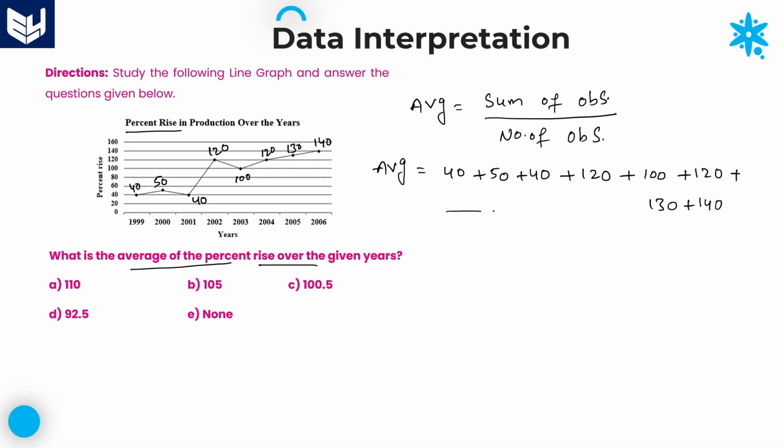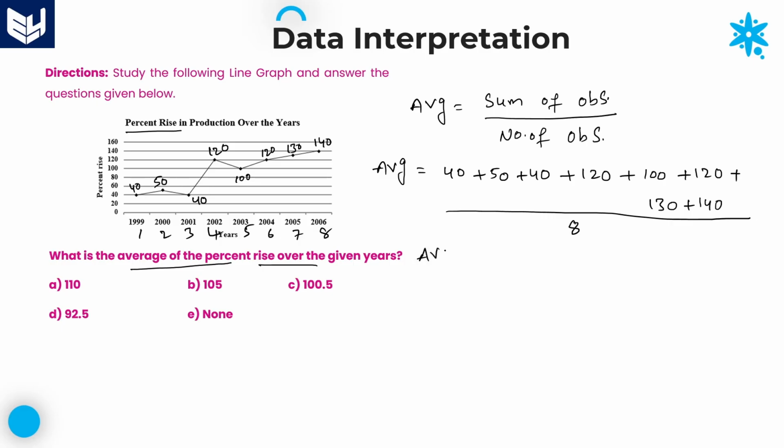That is the numerator. In the denominator we take the number of years, 1, 2, 3, 4, 5, 6, 7, 8. Total 8 years, so the denominator value is 8.